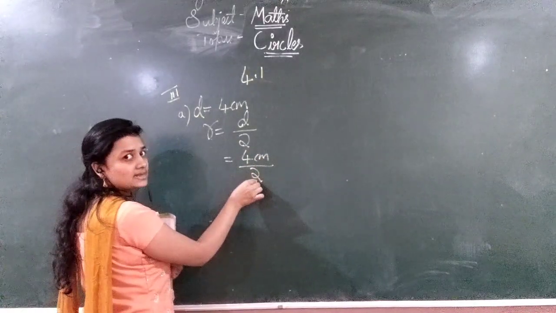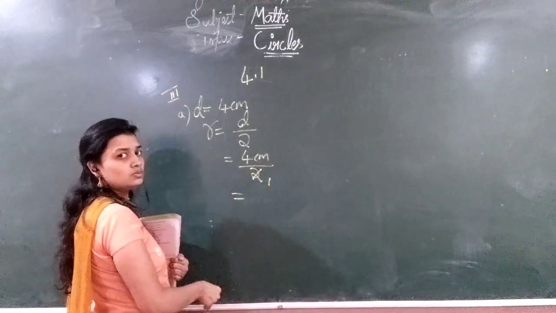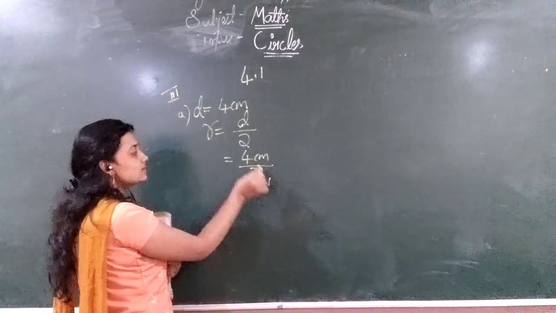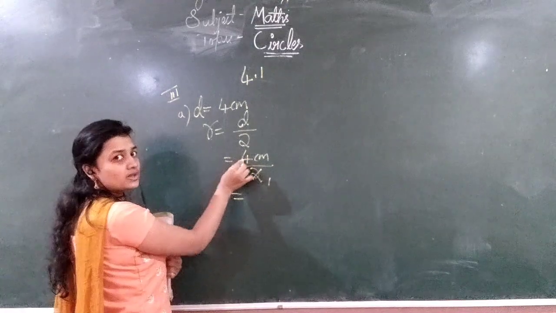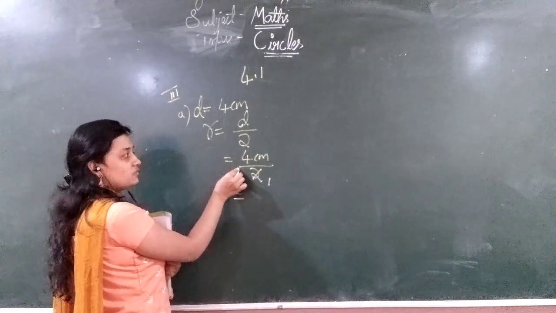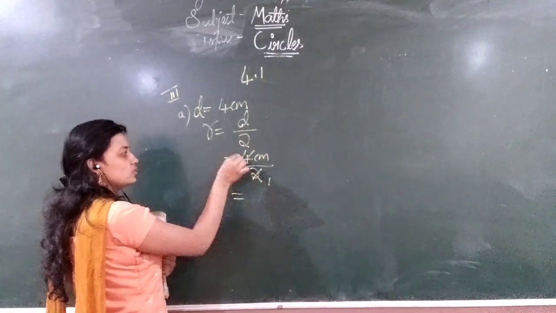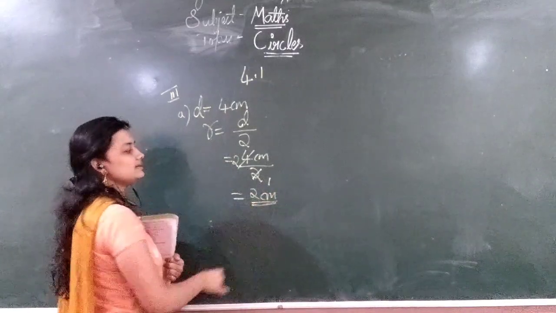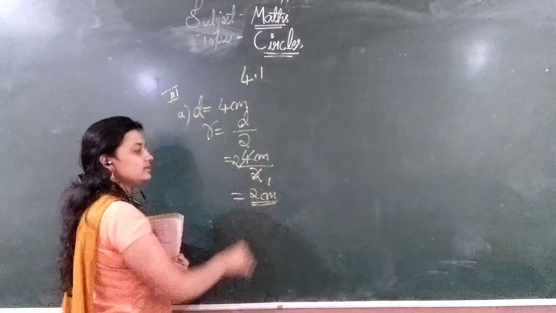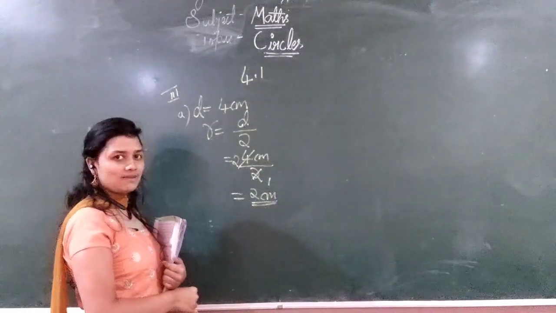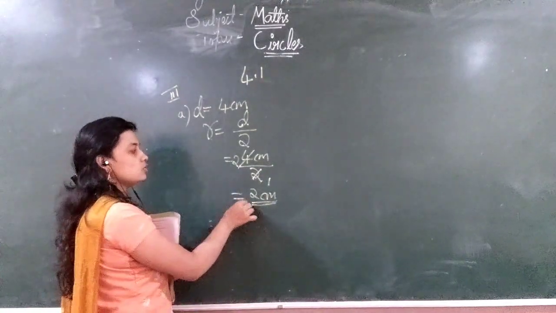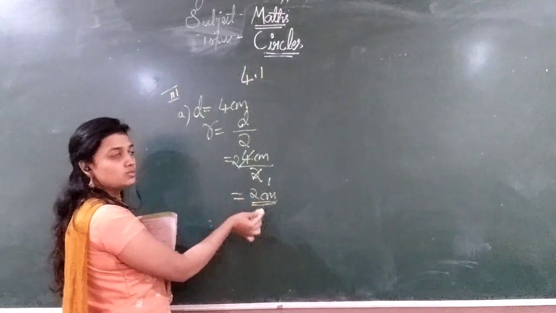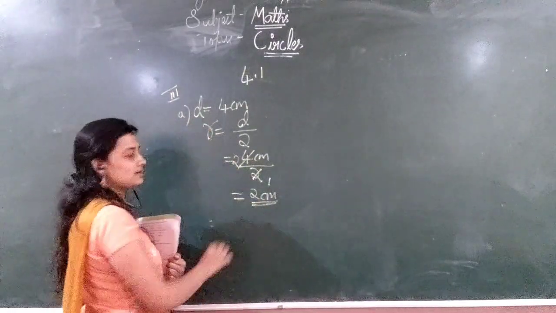How do you divide this? 2 ones are 2. In 4, 2 twos are 4. So the answer is 2 centimeter. Below, if you write 1, it is also the same: 2 by 1 is also the same as 2. So the answer is 2 centimeter.